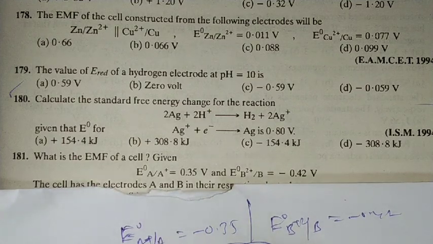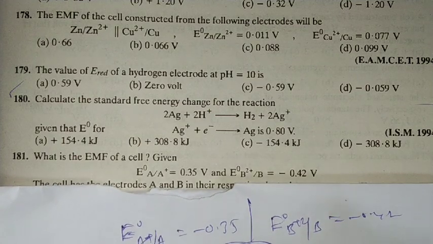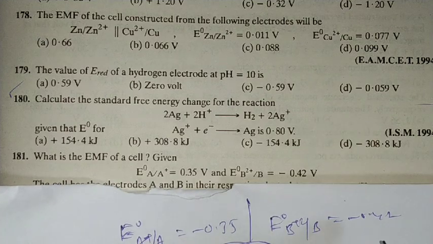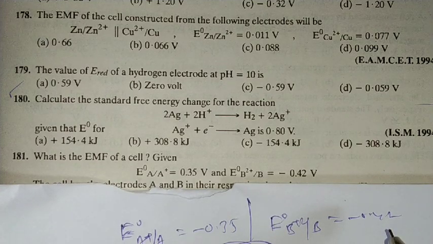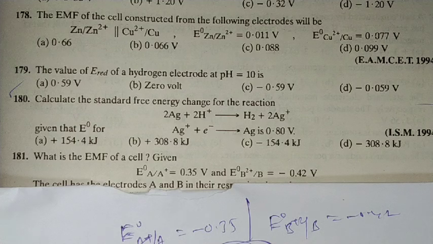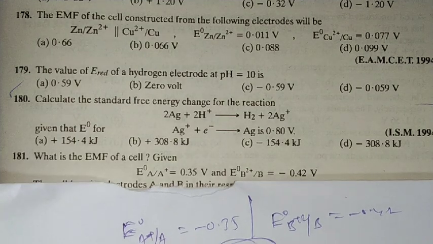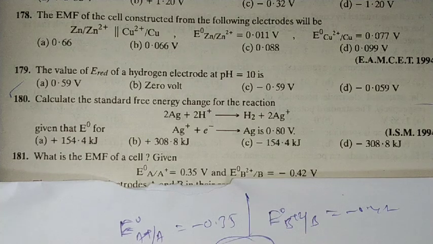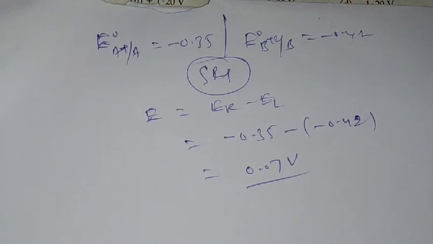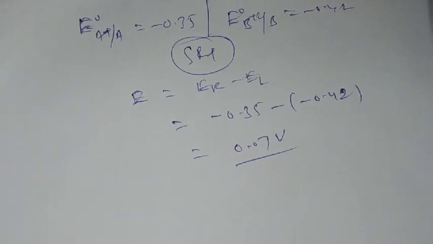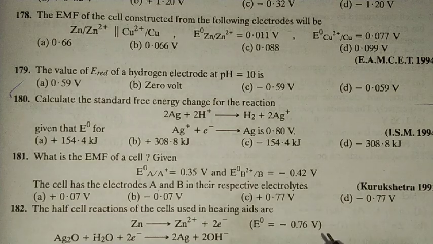So I already told you which is left and which is right. Which is the highest negative reduction potential, that is left. Is it okay? That is why what you get here, minus 0.35 minus 0.42. So if you simplify, we'll get 0.07 volts. Is it clear? Is it okay? So our answer is 0.07. So A. Is it okay?